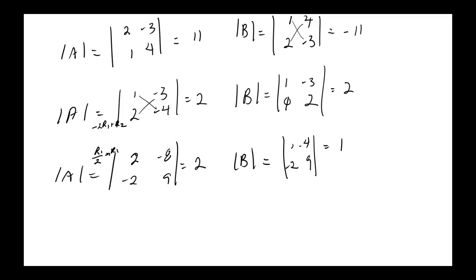Swapping 2 rows negates the determinant. Adding a multiple of 1 row to another row does not change the determinant at all. And multiplying 1 row by a non-zero factor, of course, we'll do the same operation to the determinant. This time we multiply by a half, we multiply 2 by a half, it got 1.